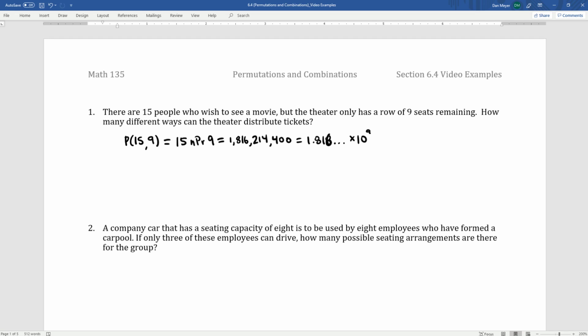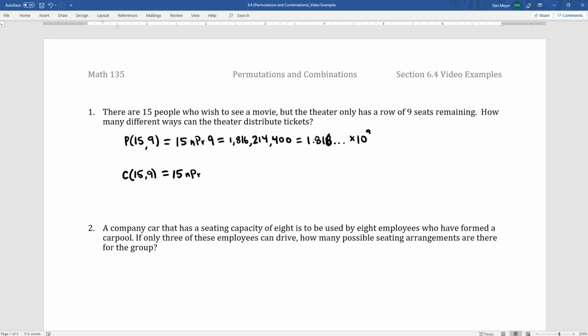Now, you could have also interpreted this as we just pick 9 people to go to the movie, and the seat that they're sitting in doesn't matter. It's just kind of a free-for-all. In which case, it might be reasonable to interpret this as just a combination problem. If you interpreted it that way, that's okay too, where from the 15 people, we're just going to pick 9 and let them fight for seats.